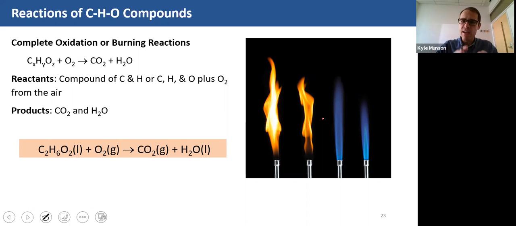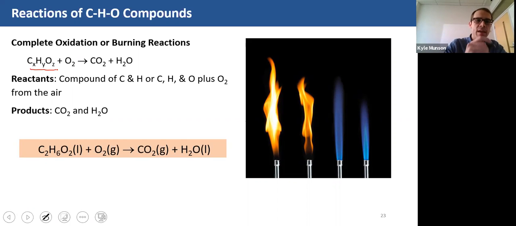So what we find in these reactions is we have compounds that contain a certain number of carbon atoms, hydrogen atoms, and oxygen atoms, okay? So we have these compounds of, like I said, carbon and hydrogen, or carbon, hydrogen, and oxygen.